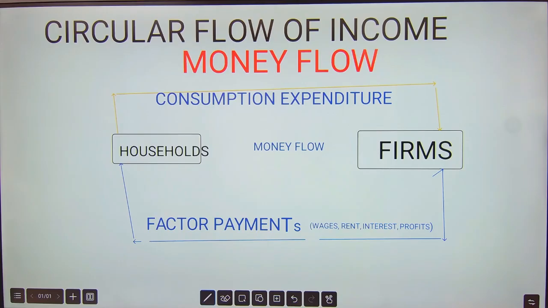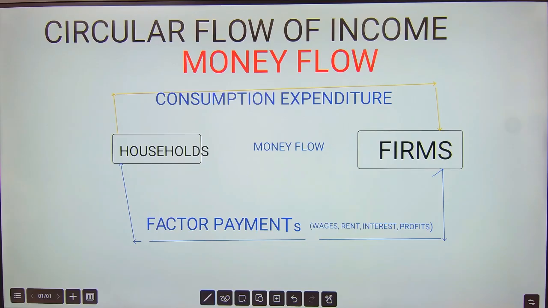Money is flowing from firms to households as factor payments: wages, rent, interest and profits. And consumption expenditure is flowing from households to firms. This keeps on flowing in the economy all the time, in a circular manner, from firms to households and from households to firms.